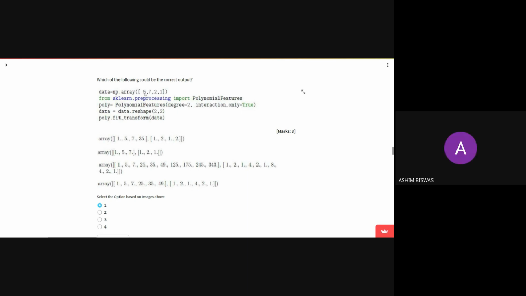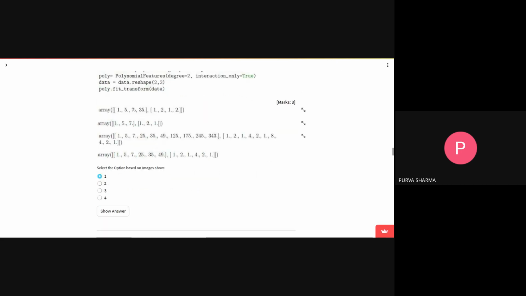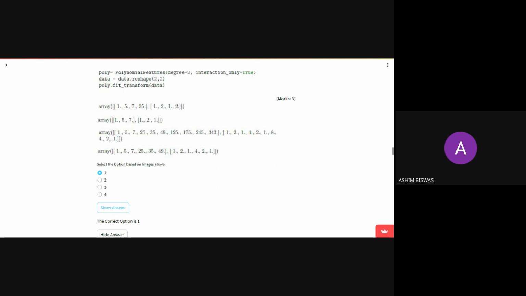That's why the first value will be 1 for the first feature. It is always true that 1 will come over here as the bias. We can choose to not include it by setting include bias equals false.